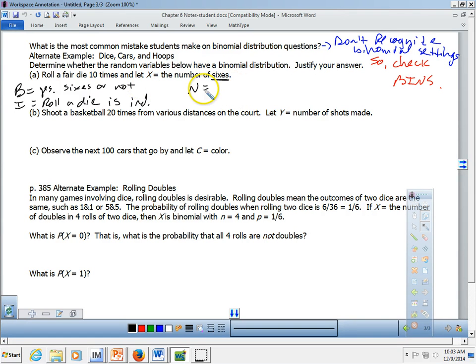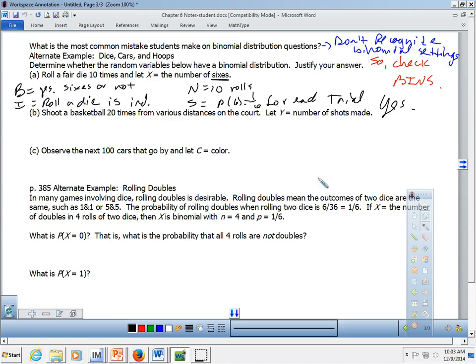Yep, we're going to do 10. We're going to do 10 rolls. And is the probability of success the same for each trial? Every time I roll a die, is the probability of getting a 6 the same? Yes, it is. So there's a probability of getting a 6, which is 1 in 6 for each trial. So is this a binomial setting? Yes, this is a binomial setting.